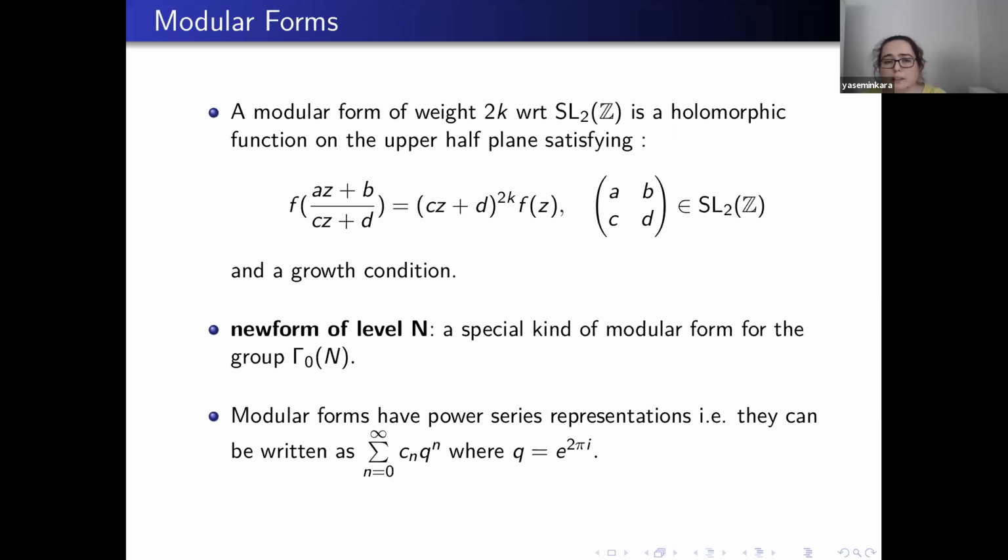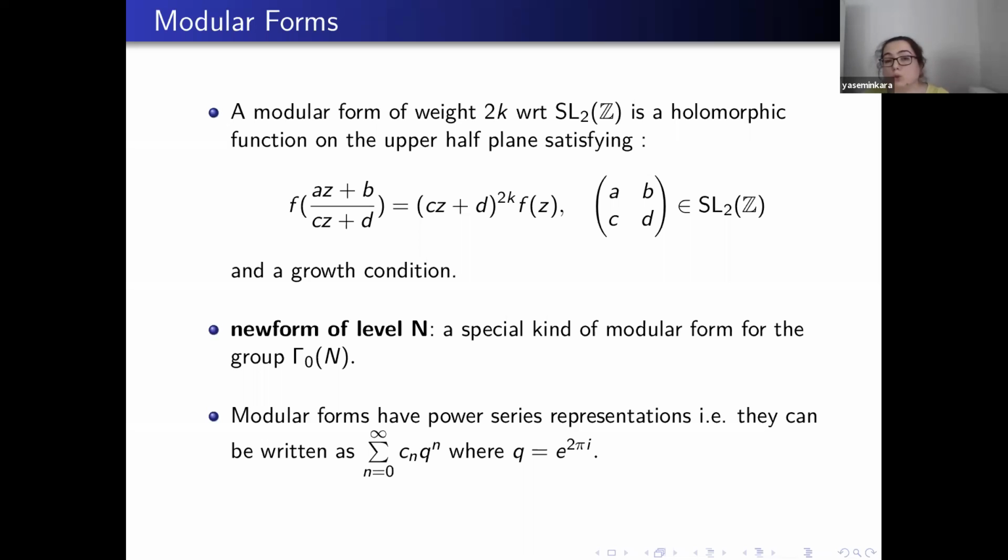Okay, and I will mention newforms of level n all the time in this talk. That means a special kind of modular form for the group gamma 0 n. Gamma 0 n is the upper triangular matrices modulo n, which means the lower left entry is 0 modulo n.